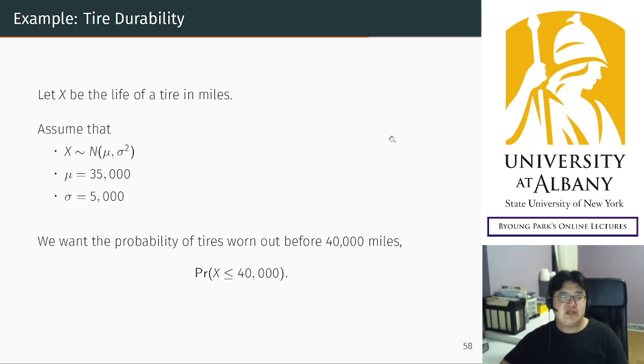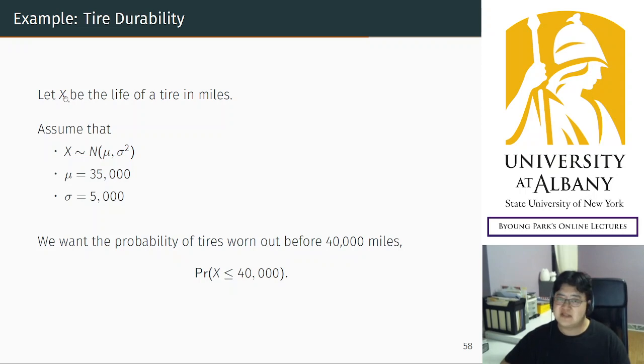So I will give you an example. Say x is a random variable which measures the life of a tire in miles. So you choose a random tire from a factory, and then record how many miles the tire can endure, like in an experiment.